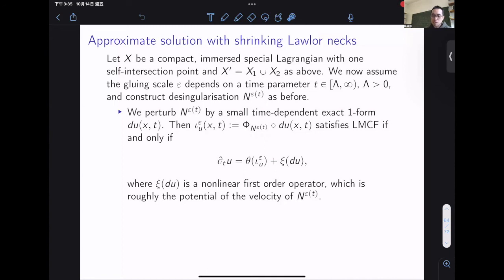Okay, so the equation has an extra term C here, which will be very important later.